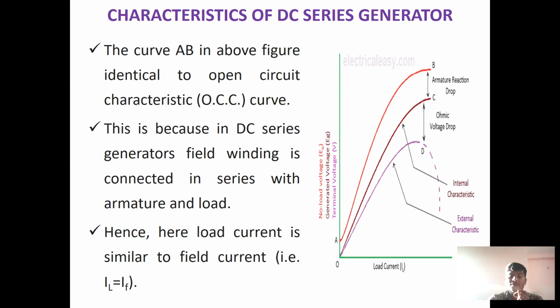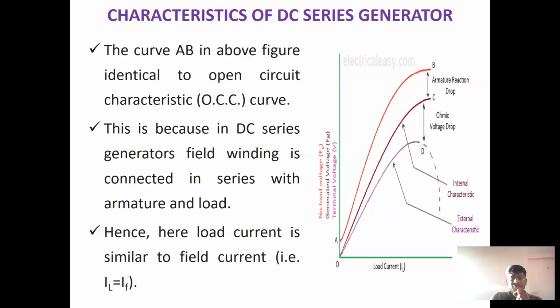But due to demagnetization and cross-magnetization effects, we get some armature reaction drop. So the internal characteristics curve has a lesser voltage than the OCC characteristics. Here OC indicates the internal characteristics of the DC series generator.